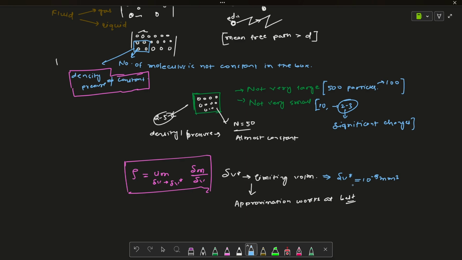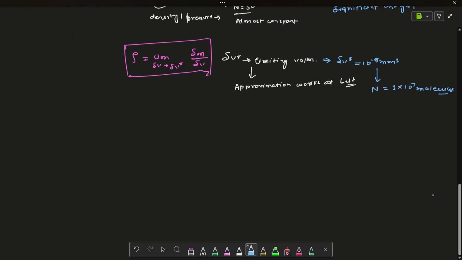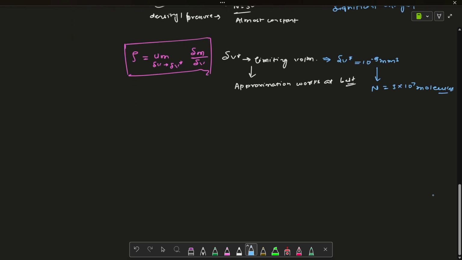Another thing: at this volume, 10 to the power minus 9 millimeter cube, the number of particles is approximately 3 into 10 to the power 7 molecules. That's all experimental value. I'm just writing these values so that things become clear in your mind.